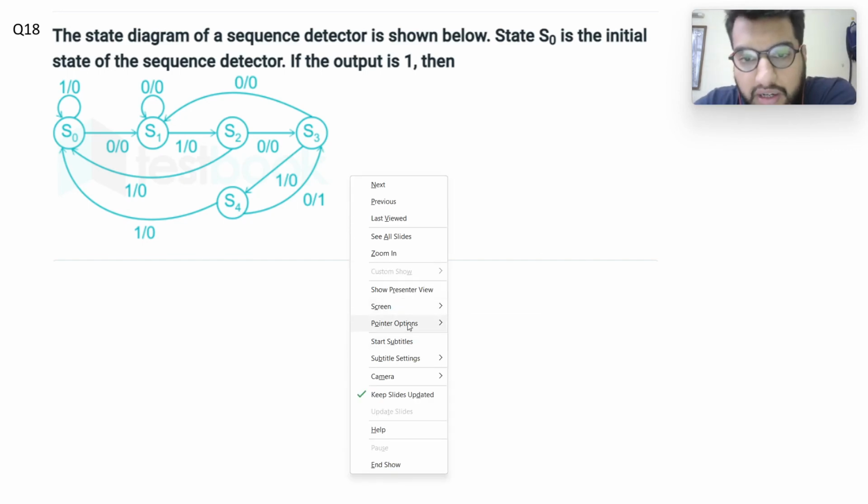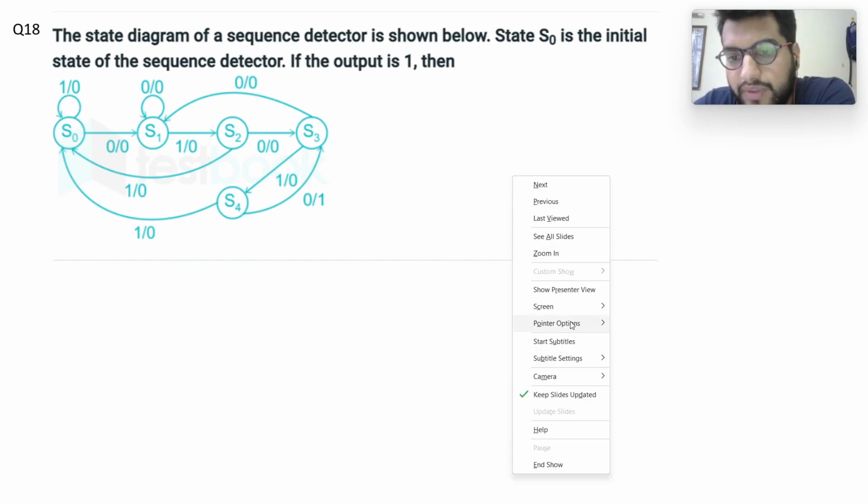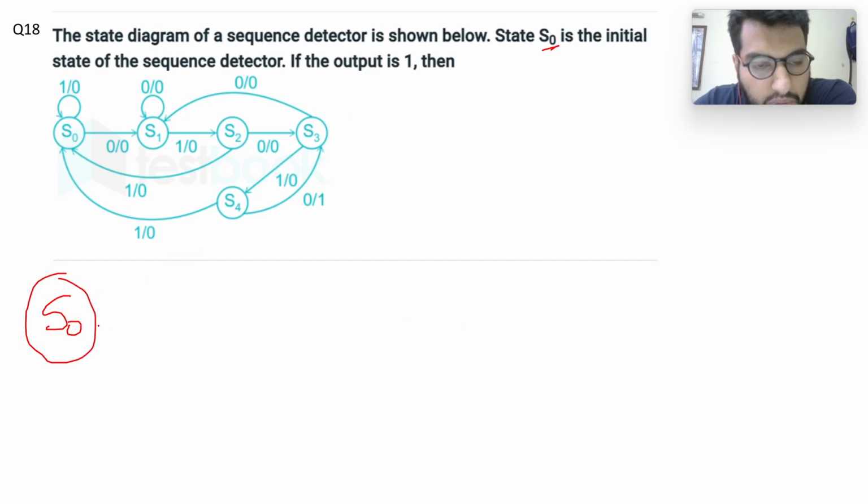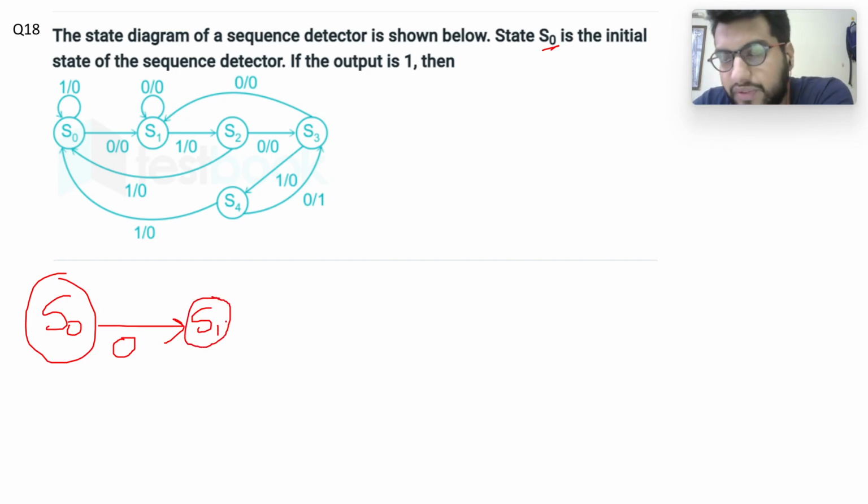So how will we find out the sequence? We'll simply look at the forward propagating arrows and follow them. So I'm at S0, and my forward propagating arrow is 0, and I'm going to S1, right? Now I'm at S1 and my forward propagating arrow is towards S2 with input 1.